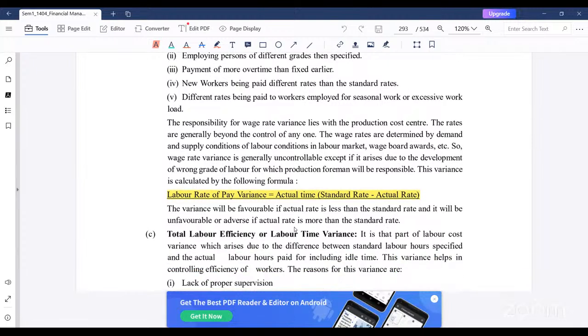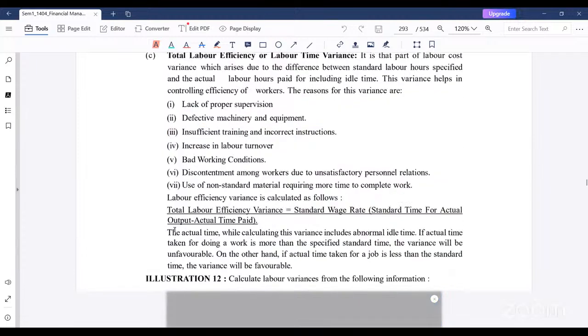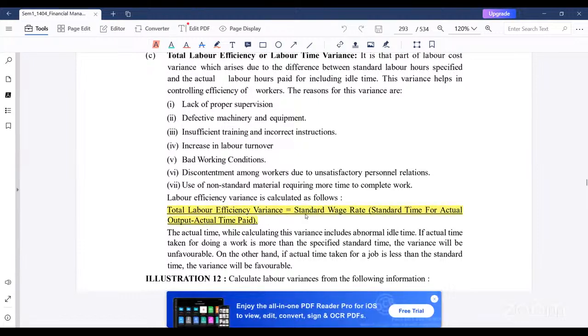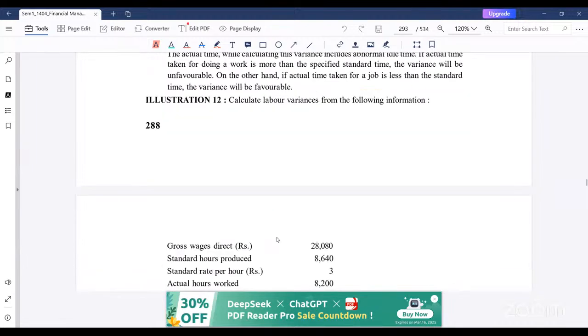Here we take standard rate into standard time for actual output minus actual time taken. So what is the standard time given minus actual time into standard wage rate will be the labor efficiency variance. We will look at one or two problems to understand the labor variances.